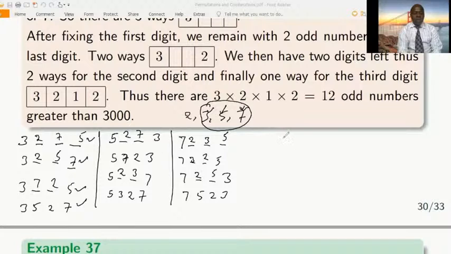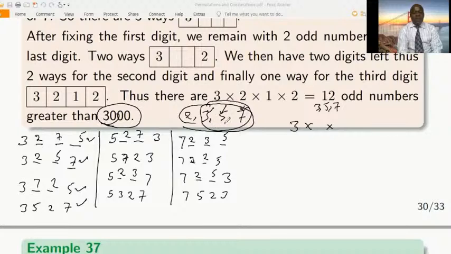The reasoning was: how many chances do you have for the first number? For the number formed to be greater than 3,000, we have 3 chances, that it could be 3 or 5 or 7. The first number has 3 chances. In fact, the first number would be odd because only odd numbers here are greater than or equal to 3.